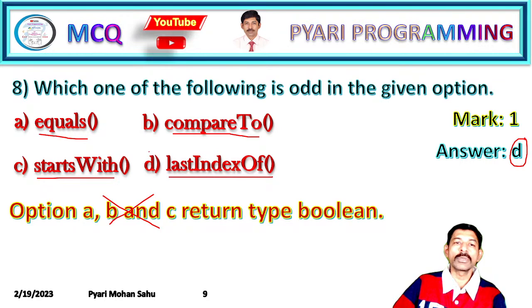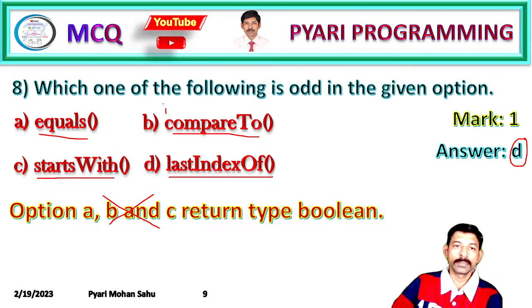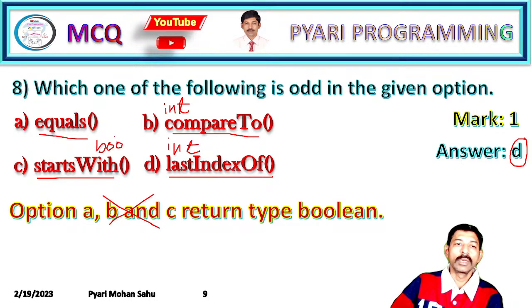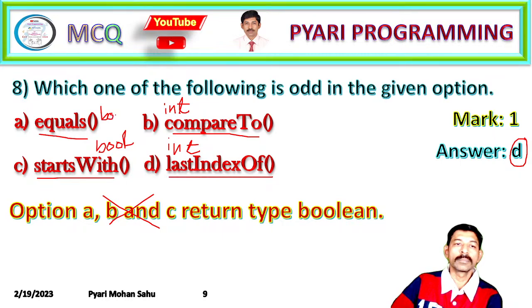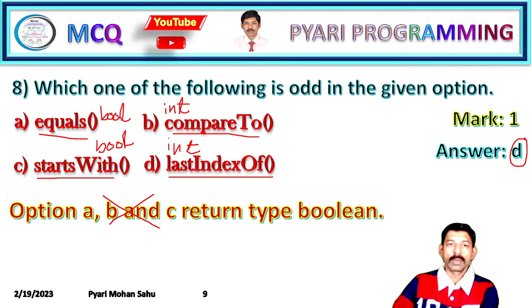Compared to return type is integer. Last index of integer. Starts with Boolean. Equals Boolean. All of these are Boolean.